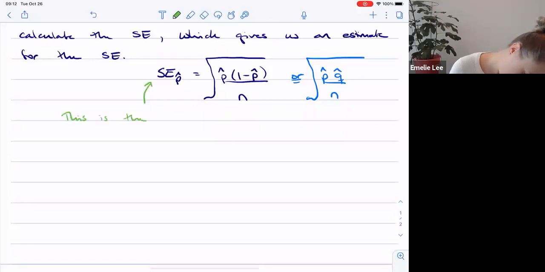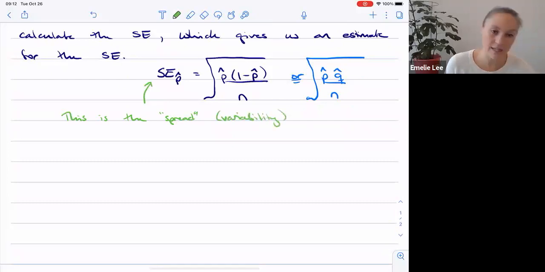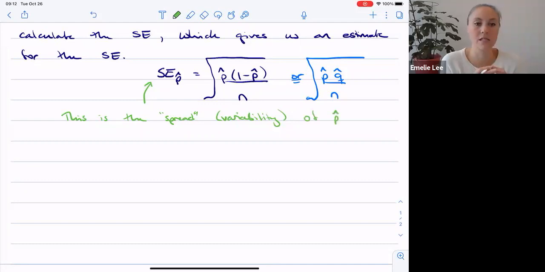This is the spread or the variability, but people don't really like it when I use the term variability, but it's just the spread, the spread or the variability of p hat, because we understand that p hat is not going to be exactly the same as the population proportion.